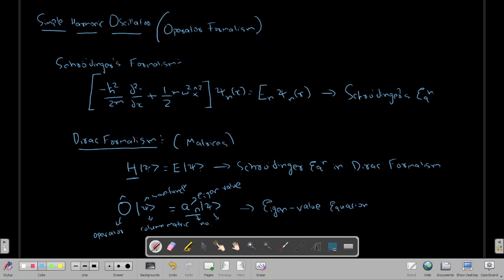Almost any kind of problem in quantum mechanics can be treated as an eigenvalue problem. We design an operator, write it in matrix formalism, write the wave function as a column matrix, and when we operate, we find the eigenvalues, as most of you must have learned in your linear algebra or basic mathematics course.